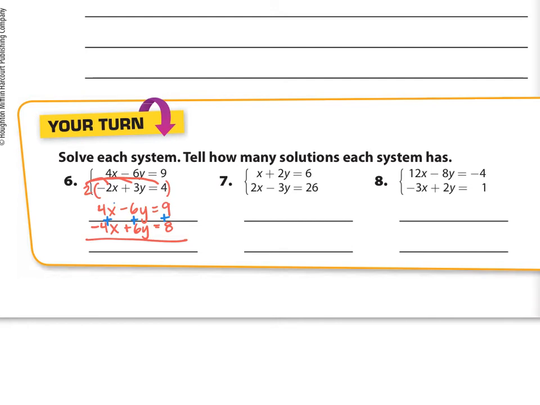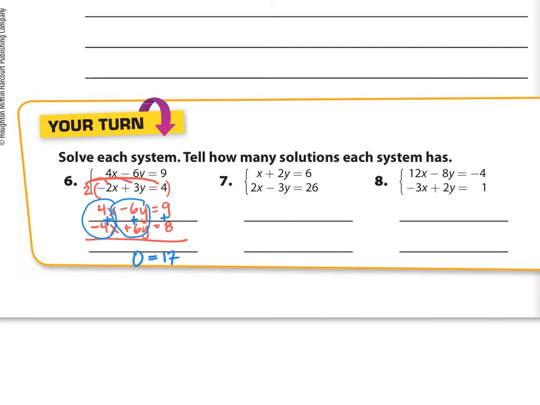Let's do a different color. Sorry, that's a 0. Negative 6y plus positive 6y is also 0. And then that equals 9 plus 8, which is 17. So I don't have anything left over on that left side with all those zeros, so it's just 0.